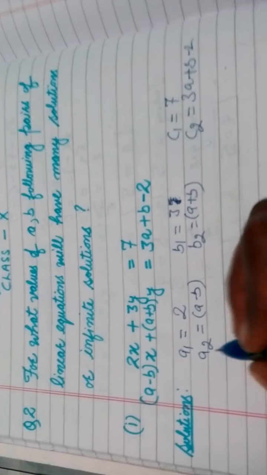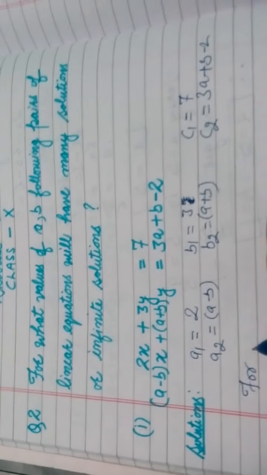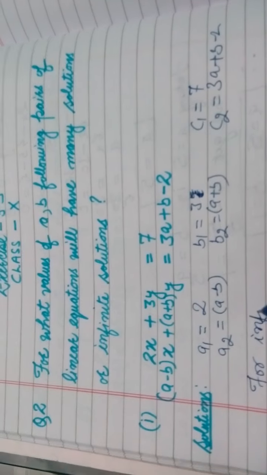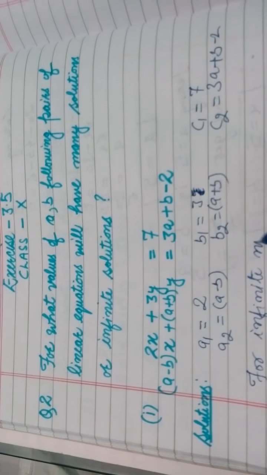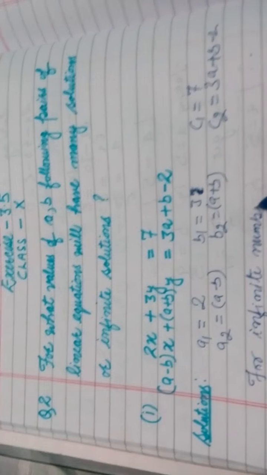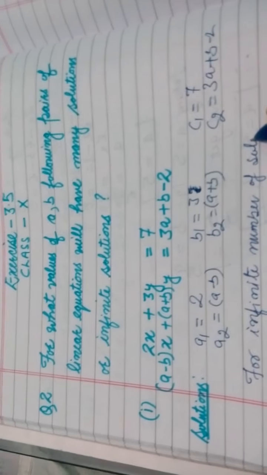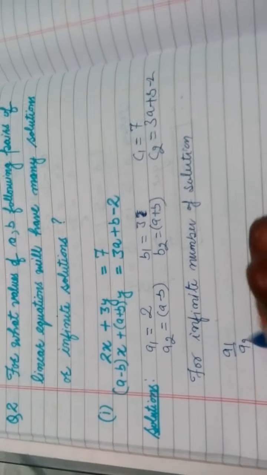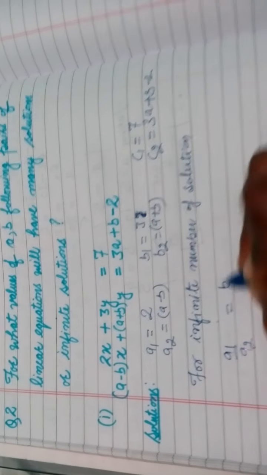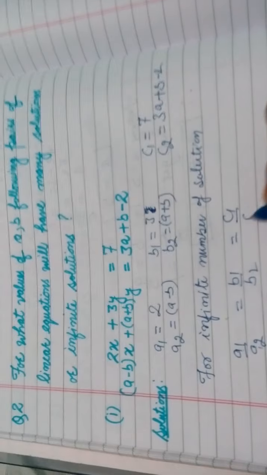Okay, now for infinite number of solutions, what was the condition? The condition was a1 upon a2 is equal to b1 upon b2 is equal to c1 upon c2, right?